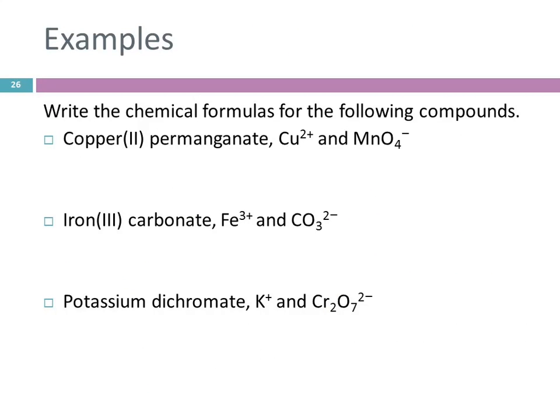So write the chemical formulas for these compounds. Copper 2 permanganate, and here are the ion formulas. So how many of each ion do we need?